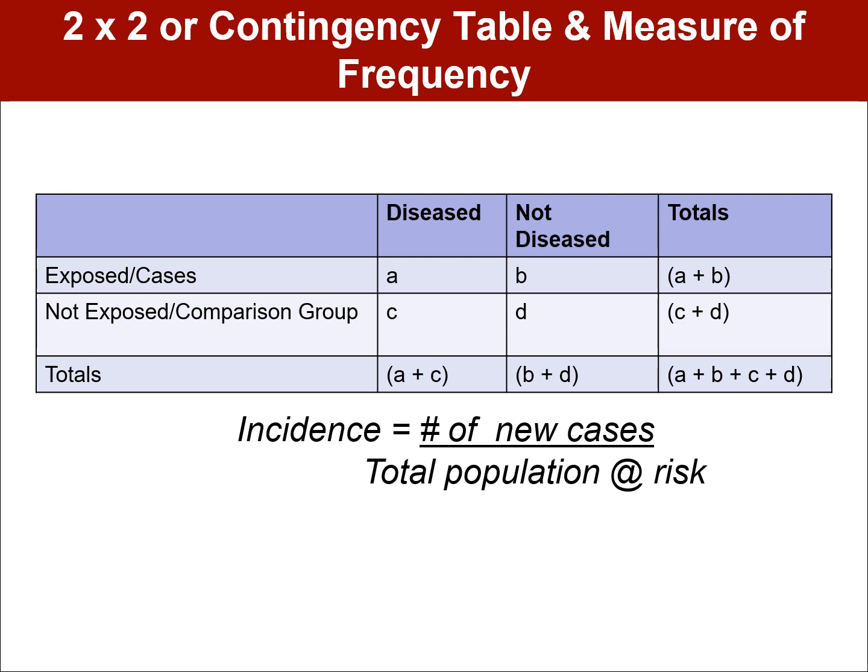Otherwise, when you do your calculations, it will be incorrect. With regards to the measures of frequency that we can measure in cohort studies, incidence would be the primary, right?